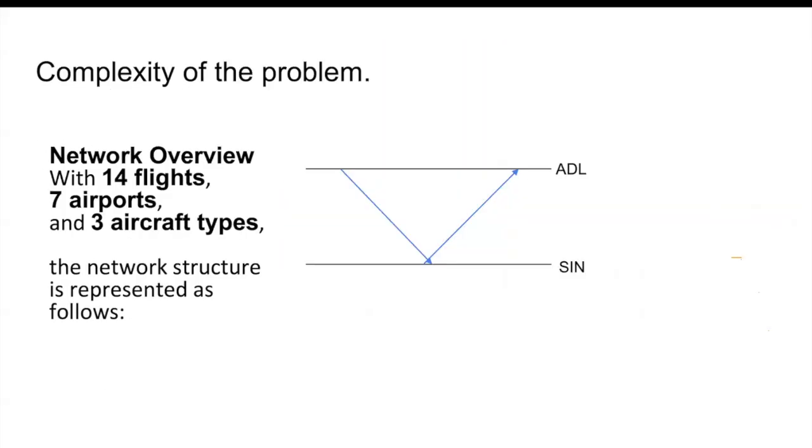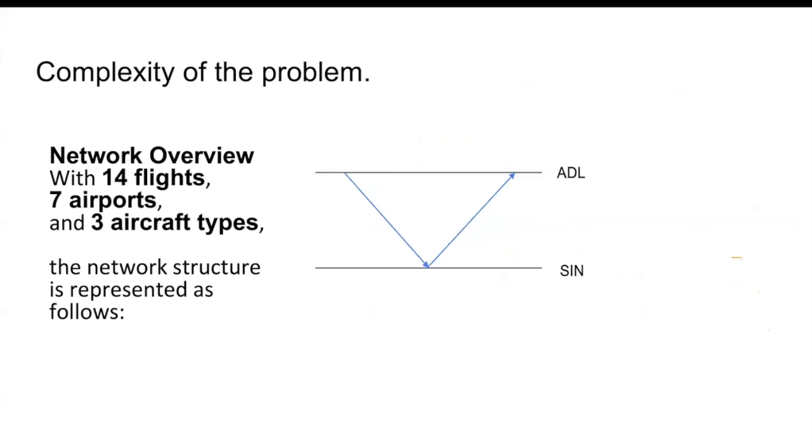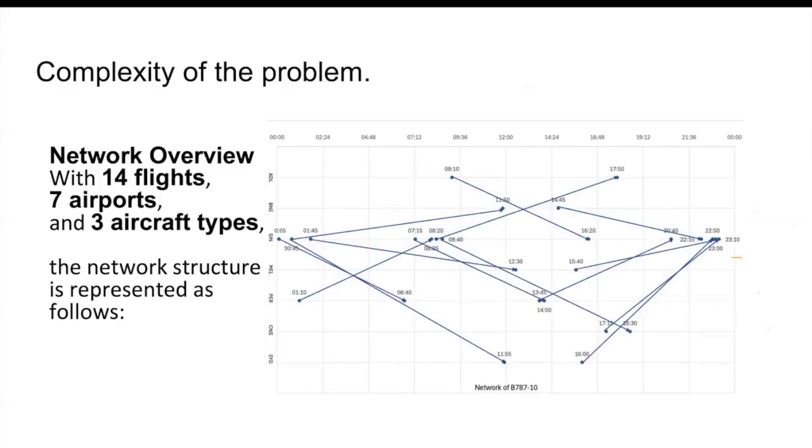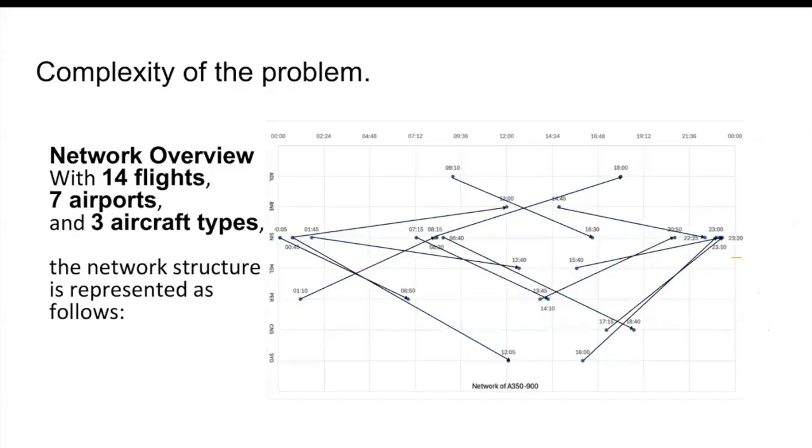So in our work, we use a 14-flight schedule with 7 airports and 3 aircraft types. The network structure is represented as follows. This one is for B77, this one for B787, and this one for A350.